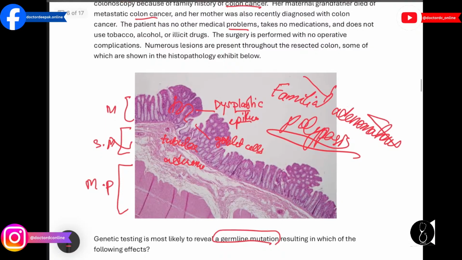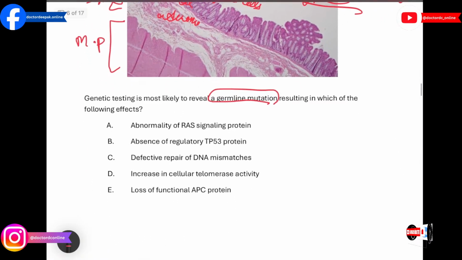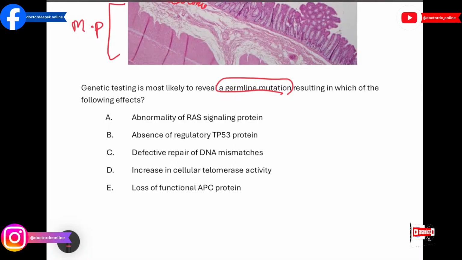In this question, we have to answer which effect genetic testing is most likely to reveal about the germline mutation. What is happening in this disease? Actually, this is a young person, and we diagnose the disorder of familial adenomatous polyposis. Secondly, if we talk about the germline mutation, the mutation happens in the tumor suppressor gene, adenomatous polyposis coli.